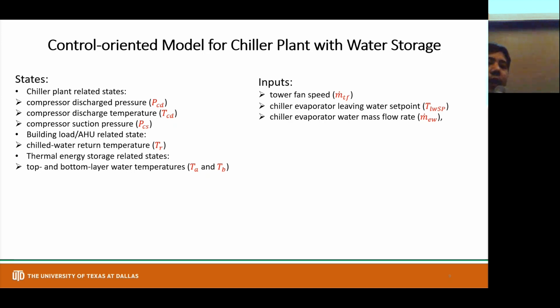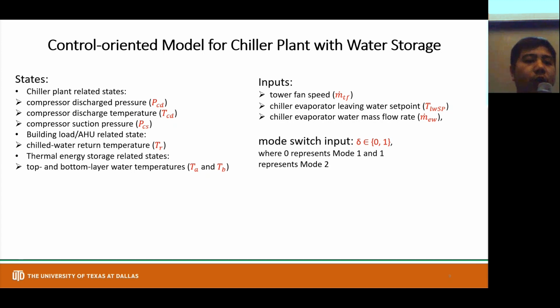Now for the inputs, we select the tower fan speed and the chilled evaporator leaving water temperature set point. The second input is related to the compressor speed by the PI controller. And the last input is the chiller evaporator water mass flow rate.